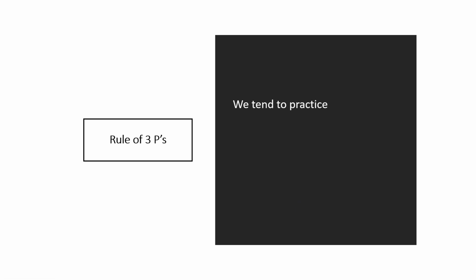We tend to practice what we prefer, and when we practice what we prefer, we ultimately become proficient in it. So people will come to the team with a certain way of approaching things. And I'm sure you're aware of this. It might be a different preference to you, which could drive you mad.